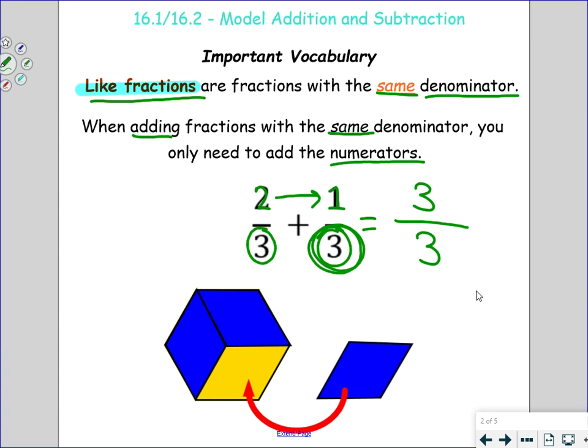So here we have 1/3, 2/3, and then we have our 2/3. So this belongs there, and our 1/3 is here, and we add.